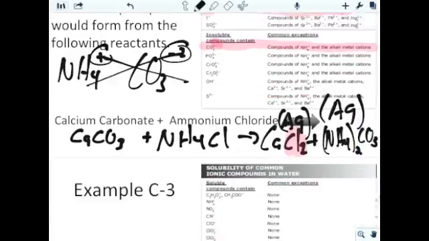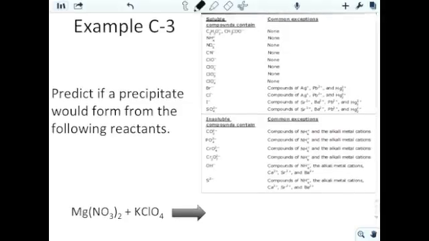They're both dissolved. Our last one that we see that we have our magnesium nitrate and our potassium, and that should be our perchlorate, okay. So we see these. Let's write our possible products.